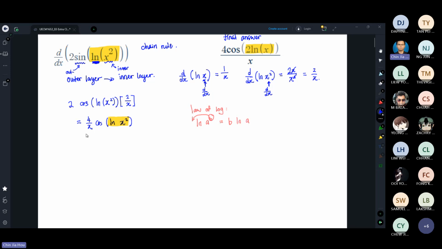So in this case, we can write it as 2 log x, which is exactly the final answer that we want.